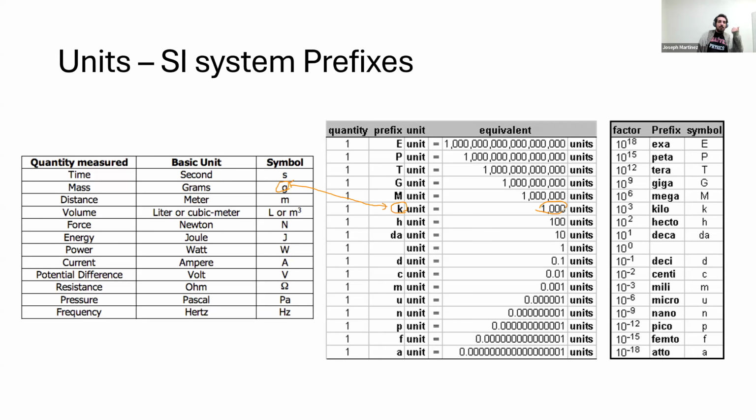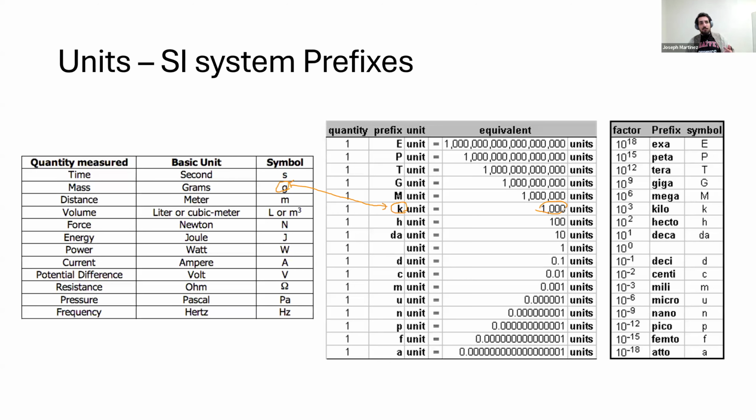So you would say 1 kilogram is 1,000 grams. And again, they're both part of the same SI system. Neither of these are imperial, neither of these are metric. They're both part of the same SI unit system, but one of them is more useful in day-to-day life, and that would be the kilogram.